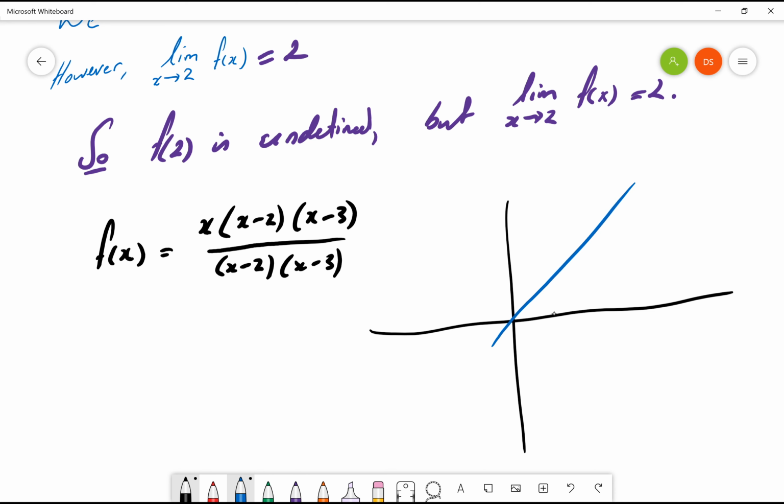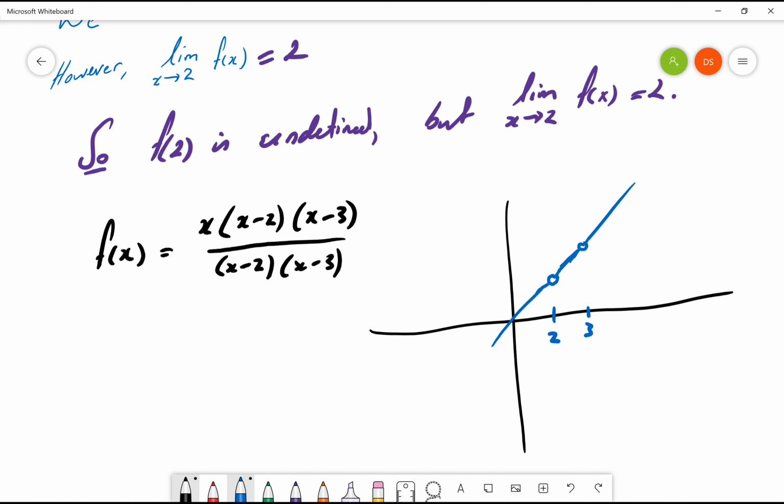Okay, you've got this, but when x equals 2, there's a gap. When x equals 3, there's a gap. And what we're going to do is we're going to put a little circle and we're going to see, okay, I know it's not to scale. Yes.